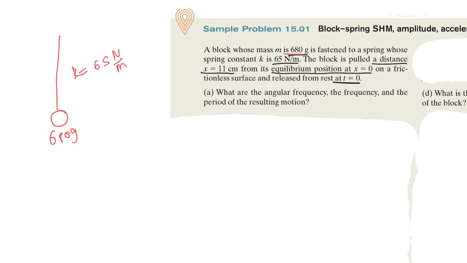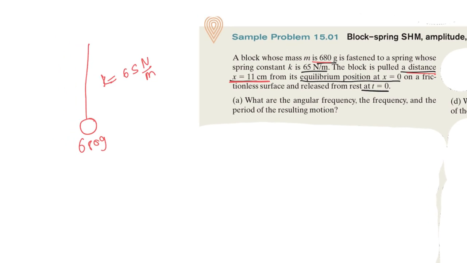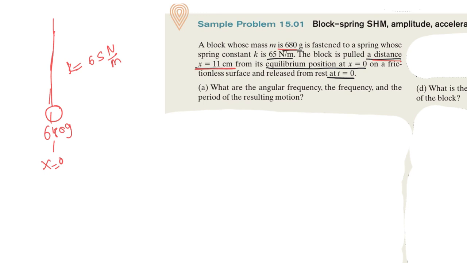Here they say that the block is pulled a distance x equal to 11 centimeters. So we pull, here is x equal to 0. They pull the block to become here, at a distance x equal to 11 centimeters.